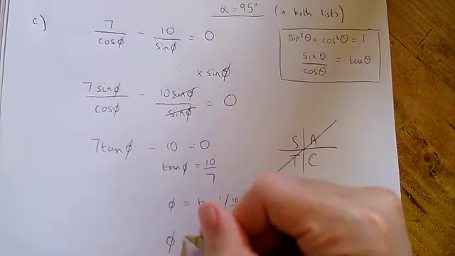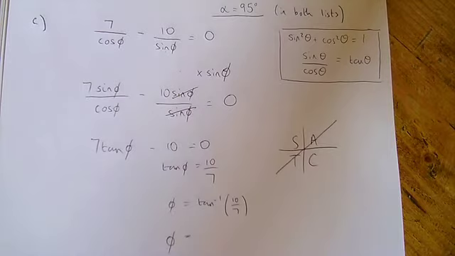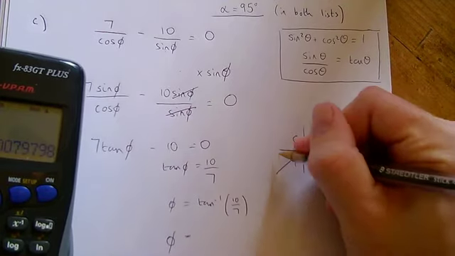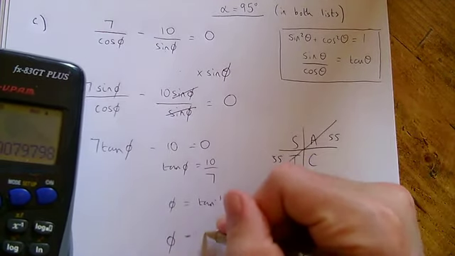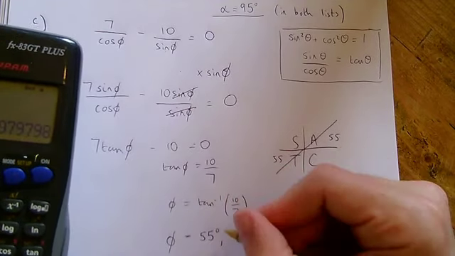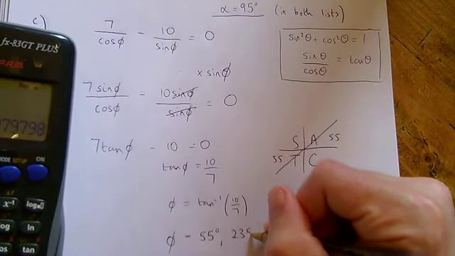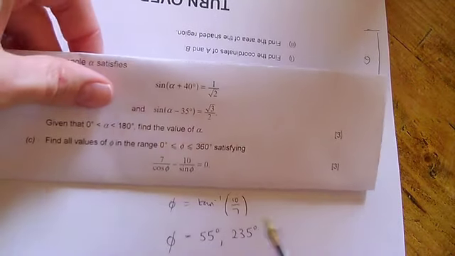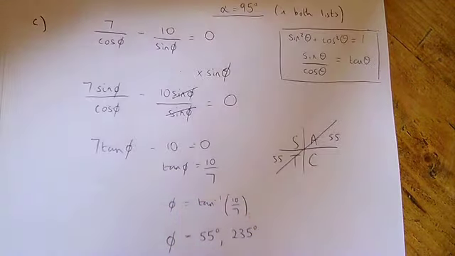So I get phi is equal to tan to the minus 1 of 10 over 7, and I got the answer 55 there, and 55 here. So phi was equal to 55 degrees, and then 180 plus that, so that would be 235 degrees. In the question, it said it wanted it between 0 and 360, so I needed both.